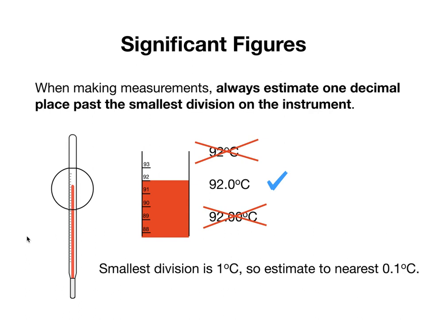So it's very important. You might look at this and say, mathematically, these are all 92. What's the big deal? Well, it's going to be a really big deal because what we often see, class, is we make measurements in the lab, but we end up doing calculations with those measurements.